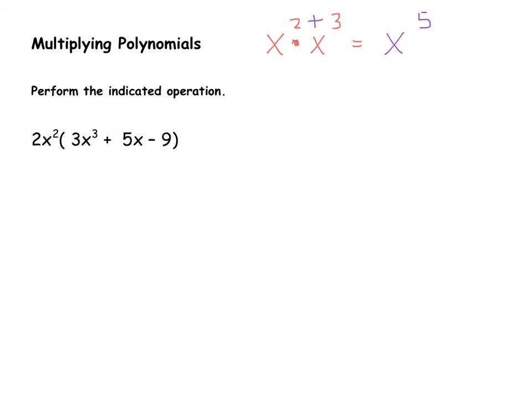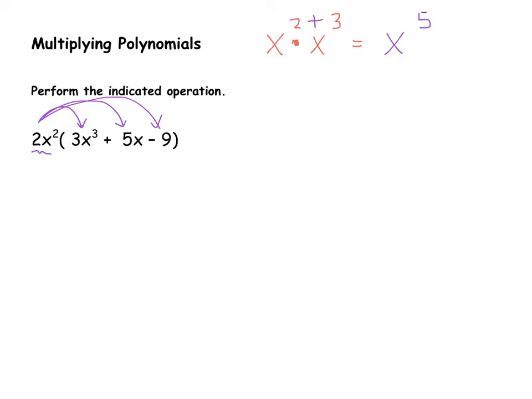So first, multiplying we're going to have to do more than one example of because it looks different in a number of different problems. So first, if we have just one term to multiply, we can think of that as just using the distributive property, remembering to add the exponents when we multiply.